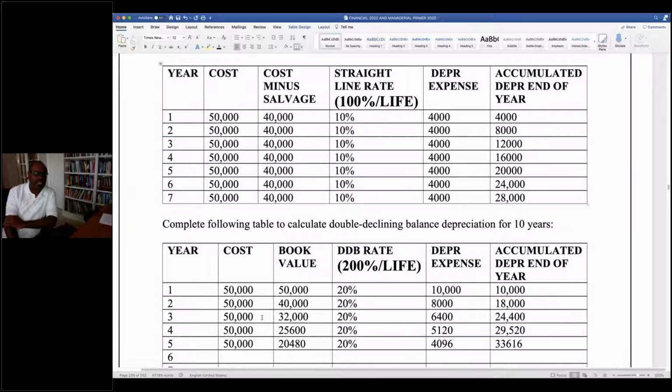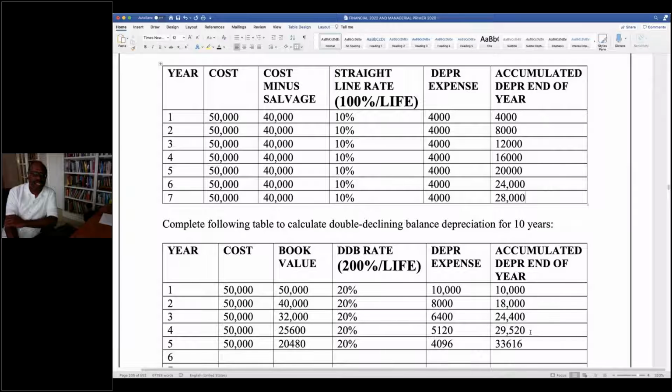In the third year, 50,000, we're going to reduce it by the 18, so we're down to 32. We take 20%, and so now we're at 6,400, and it's 24,400 accumulated. We subtract the 24,400 from 50,000, get 25,600 in year 4. 20%, 5,120.